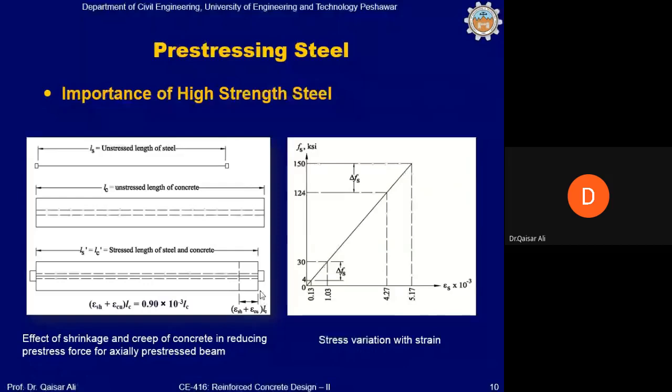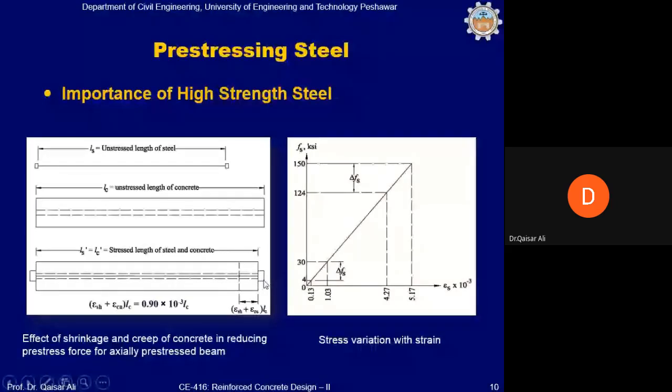Okay, so I was telling you that let's say there is formwork which has been prepared for concrete pouring in order to produce a concrete beam. Before the concrete is poured, we stretch a wire, anchor the bar on one side and stretch it from the other side, and also anchor on this side, and then we pour concrete.